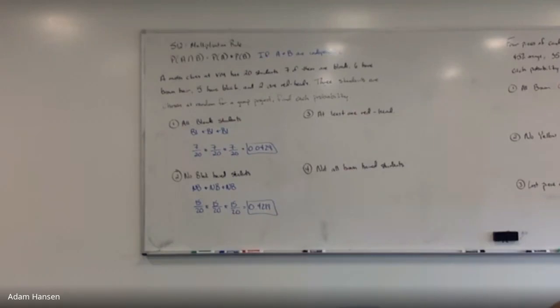All right, 3 and 4 are a little bit trickier. We're going to have to do this backwards. At least one redhead. My 3-person group needs to have at least one redheaded student. So what can my group look like if there's at least one redhead?